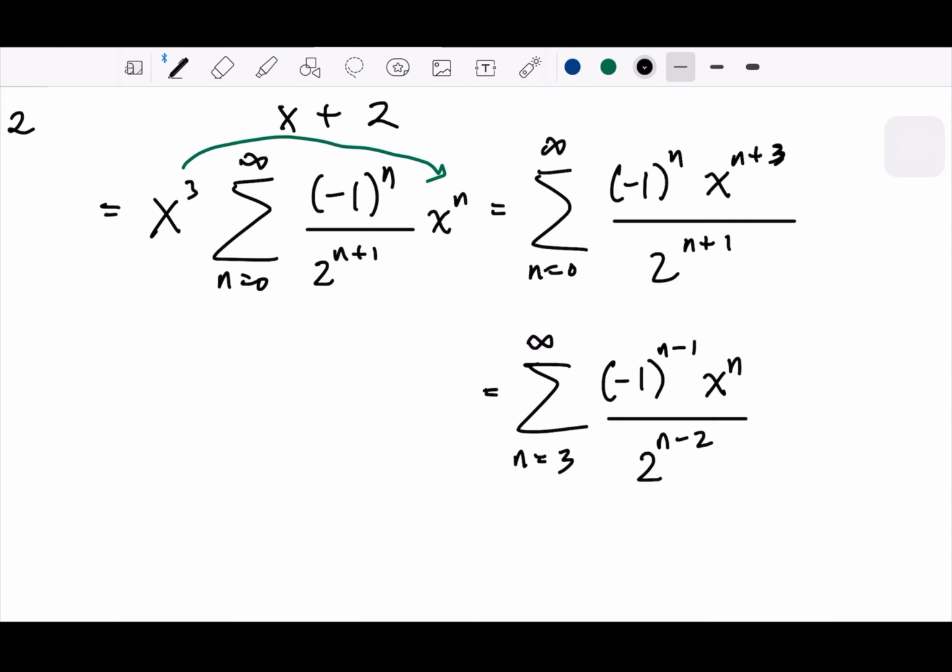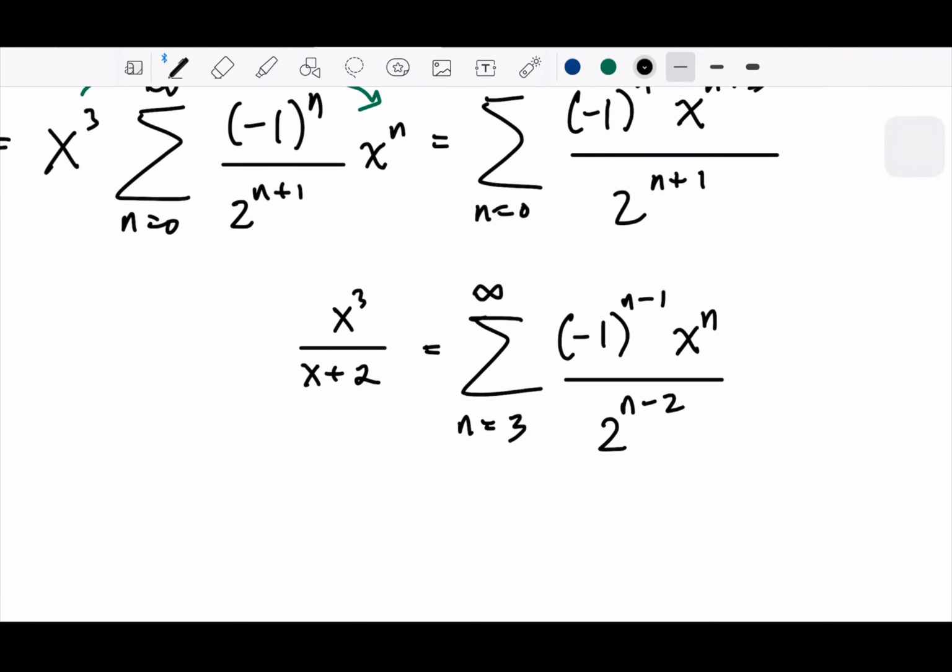So we can represent the function x cubed over x plus 2 as a sum of this power series. Okay.